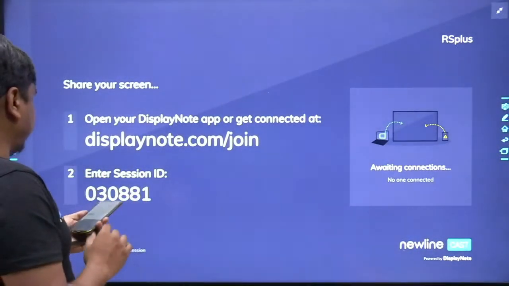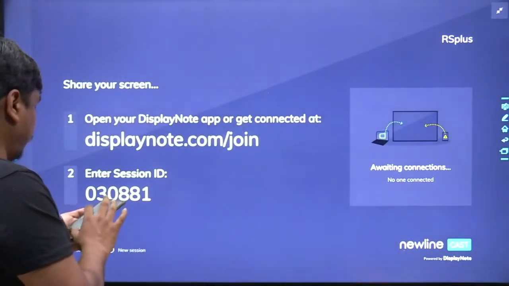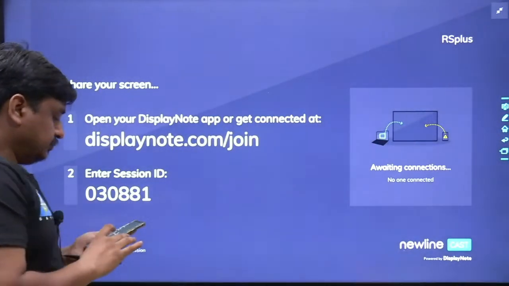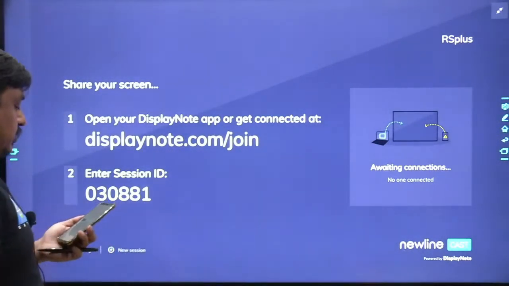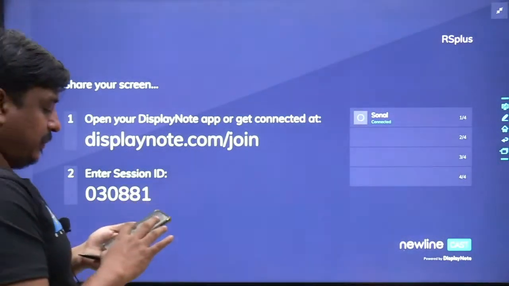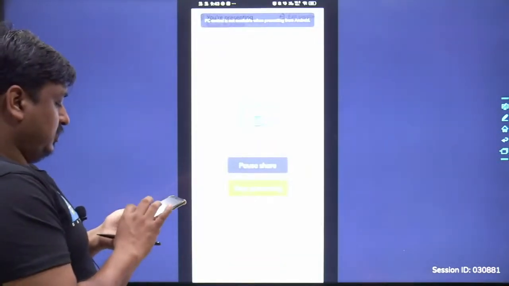Here goes the session ID, 0308881. Let's take the name as Sonal. Let me see whether it's getting connected or not. Yes, it is getting connected. That's fine. Share my screen. Start. Yes.